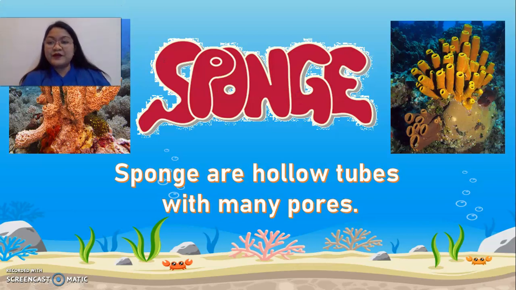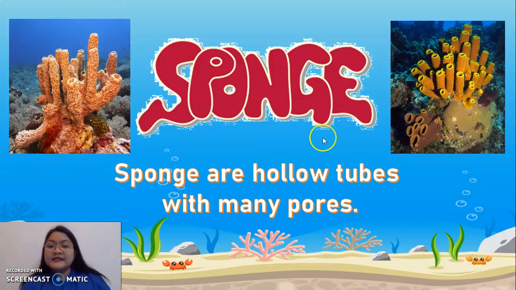Okay, so number one, we have sponge. Again, can you say sponge? Very good. So what is a sponge? A sponge are hollow tubes with many pores. Okay, so as you can see in these pictures, these are an example of sponge.